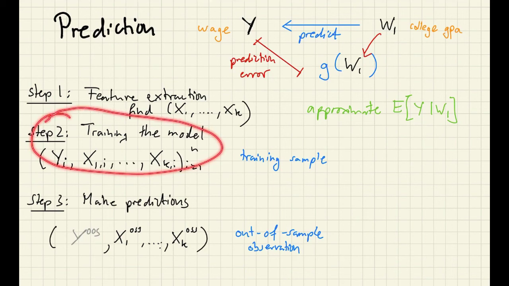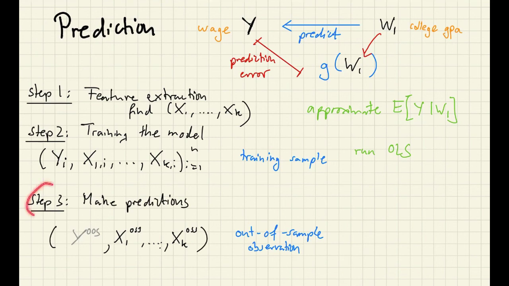Now, once we have our features, it's just running a linear regression on the training sample. And then finally, we look at the out-of-sample predicted values on new data. That wraps up our first overview of prediction.